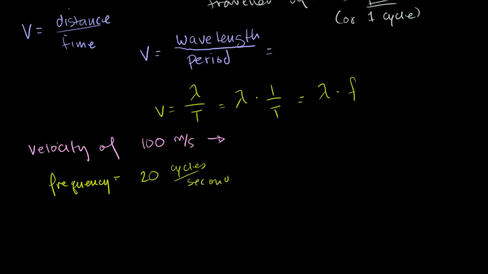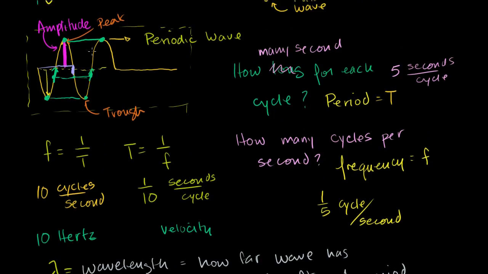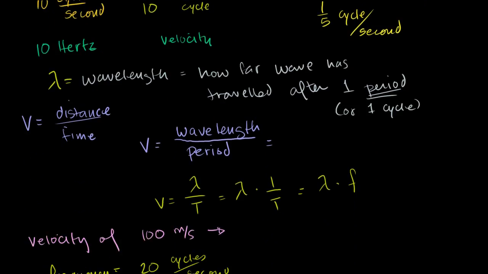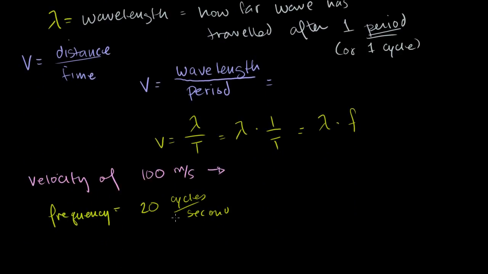If you only observed a small window of the string, in 1 second you would see it go up and down 20 times. That's what we mean by the frequency being 20 hertz, or 20 cycles per second.